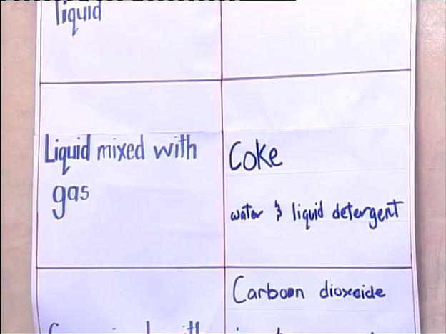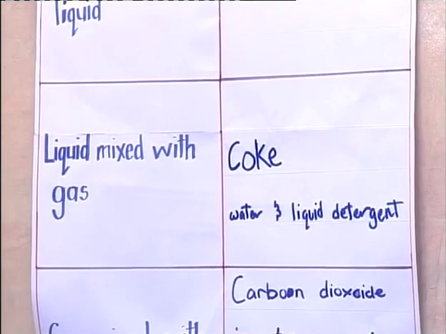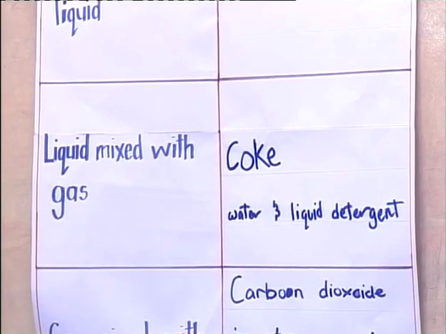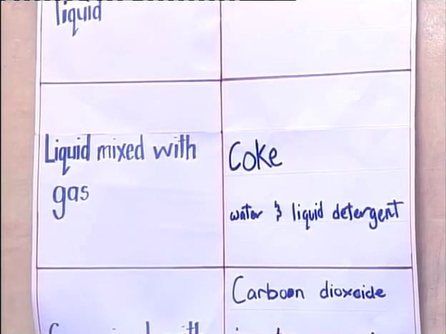We are going to have Ashanti explain to us why they came up with water and liquid detergent. She will tell us where the gas came from and what actually happened in her group.